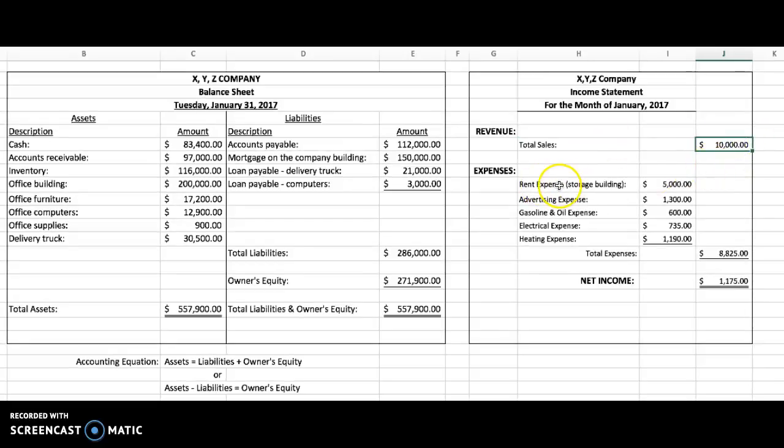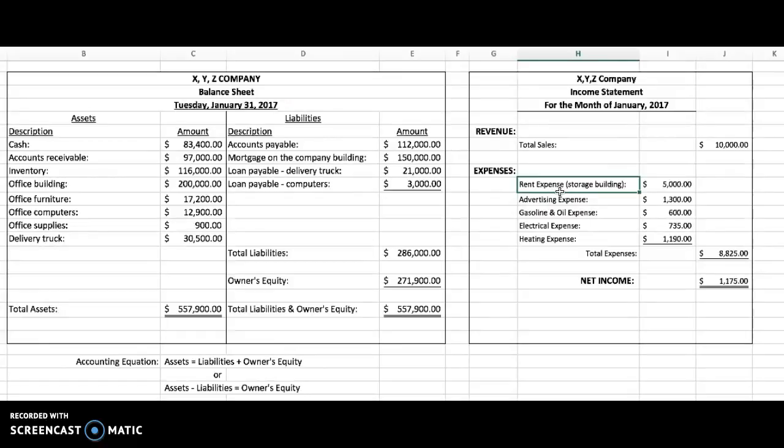And then we have some expenses. What we want to do, I think, is spend a little bit of time differentiating between an expense in the income statement and all of these liabilities back over in the balance sheet. Now, let's take a look at this one on the income statement.